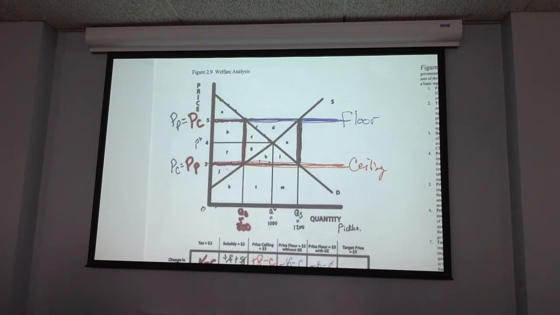Step number two, producers supply all that they want. Producers set the quantity supplied, knowing they will get PT, the target price. Step number three, consumers purchase the quantity supplied.